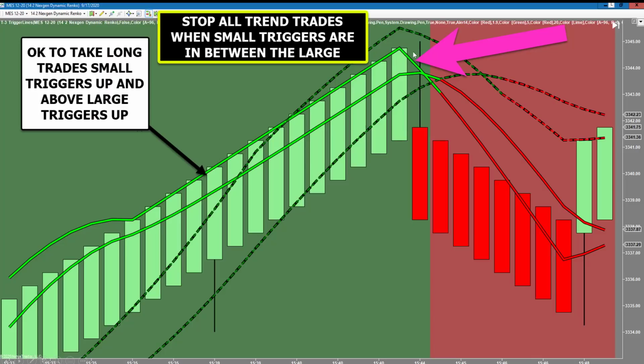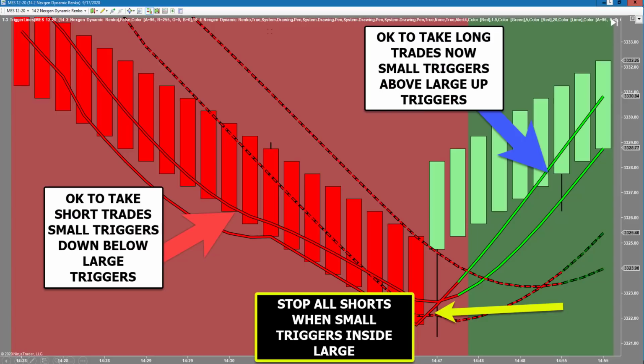We call them weak, but they're not always weak; they're inside of each other, really is what we're trying to say. So if the small triggers are physically in between these two large, that's your warning. Stop, stop, stop. Okay? Now, the same is true in reverse. If the market's going down and the small triggers are below the large triggers, you can sell pullbacks, and then when they come together, you better stop.